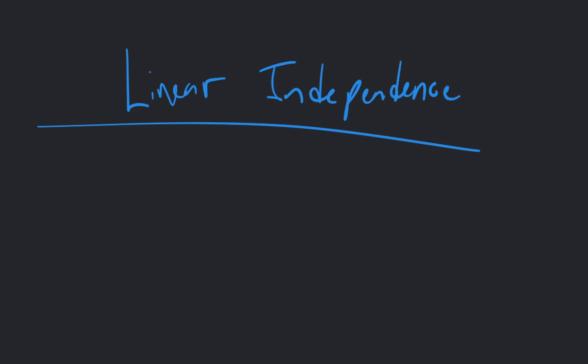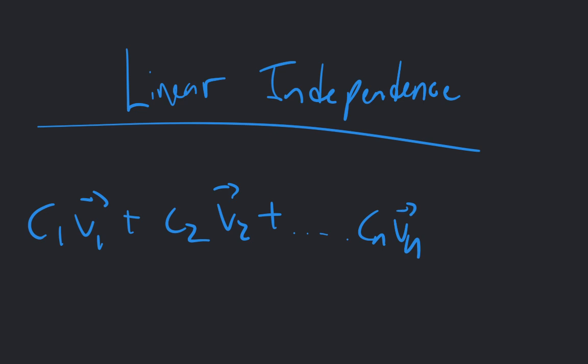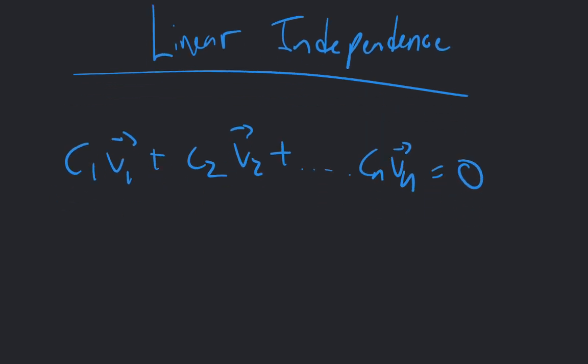So now we're going to be learning about span, I guess, eventually, but with linear independence, basically you're going to be writing a whole summation of whatever vectors you're adding. Usually they're going to be vectors in a space.